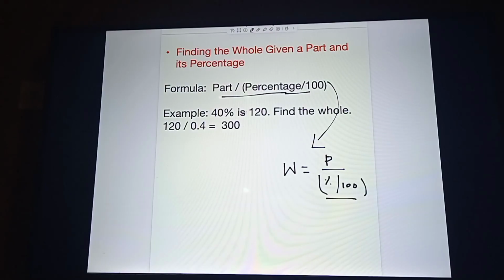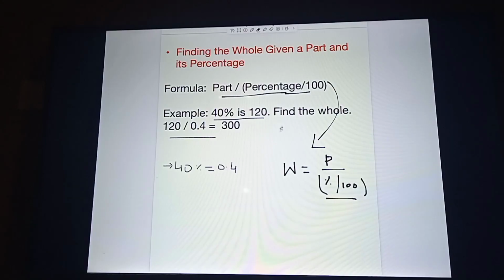The question here is 40% is 120. Find the whole. So the first step is convert the percentage into decimal. 40% converted into decimal gives 0.4 here.